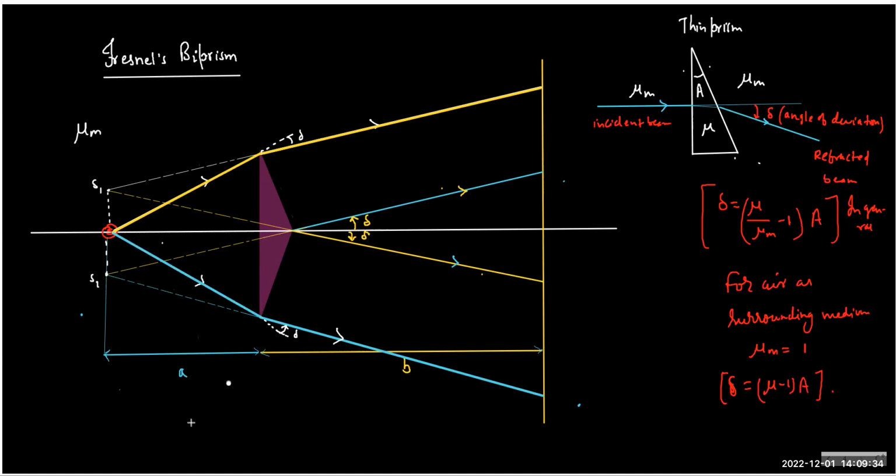You can see that the blue is spread from here to here, but the yellow is spread from here onwards.